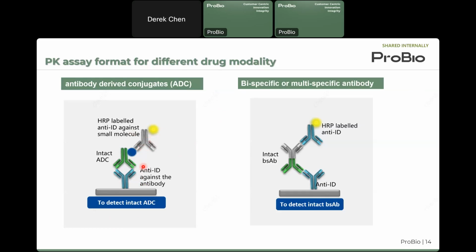Any half-degraded ADC will not be detected or included in the PK profile. Likewise, to detect the intact bispecific antibodies, a pair of anti-idiotype antibodies specifically recognizing each end of the bispecific will be used to measure the intact drug and exclude any degraded parts.